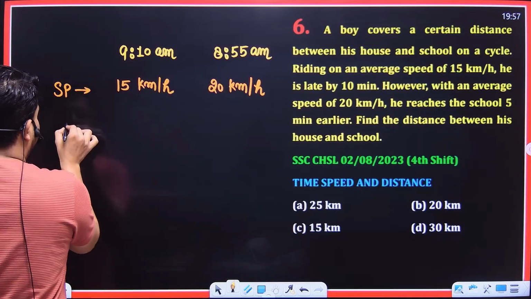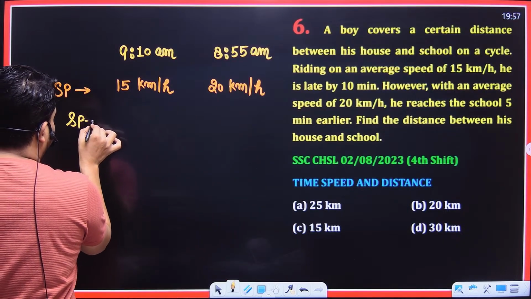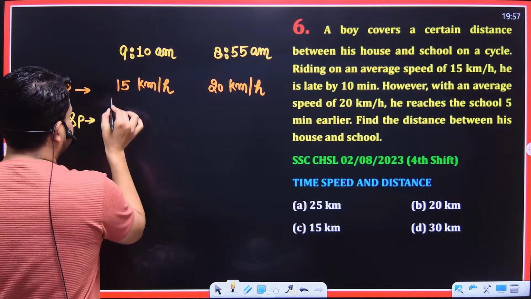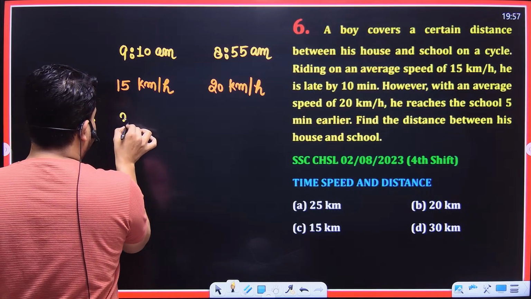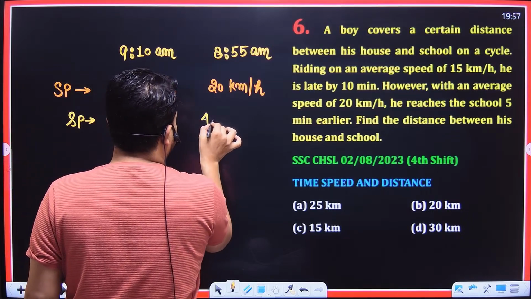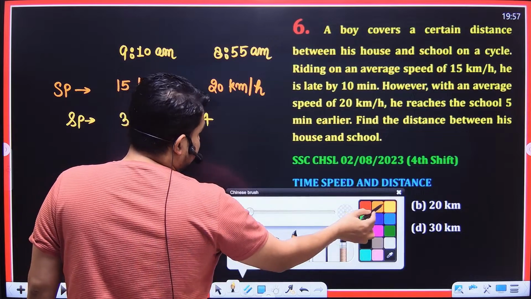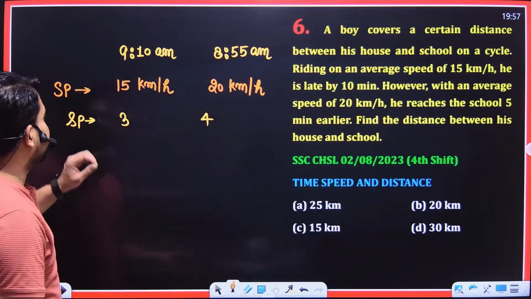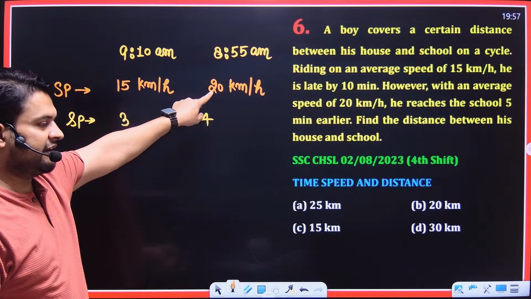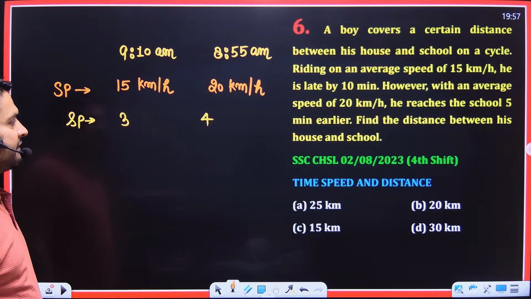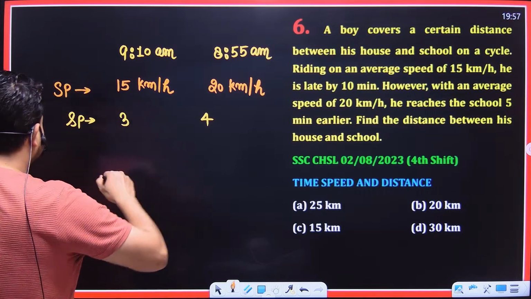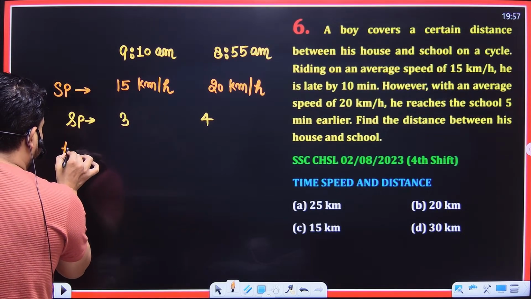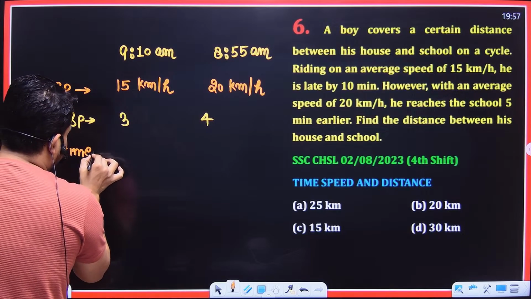I will write the ratio of the speed. The ratio of speed is 15 : 20, which is 3 : 4. The distance is the same whether he travels with this speed or that speed. If distance is the same, then the ratio of time is the reciprocal of speed.